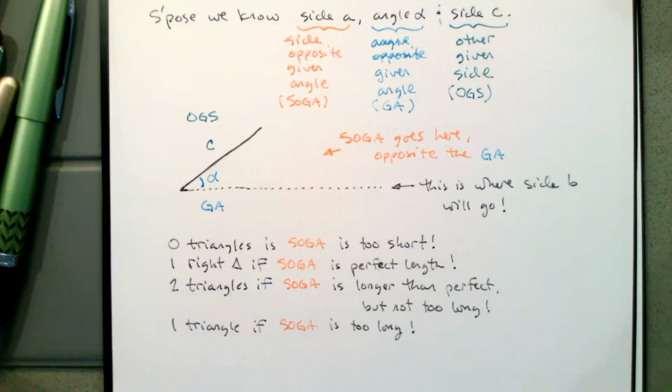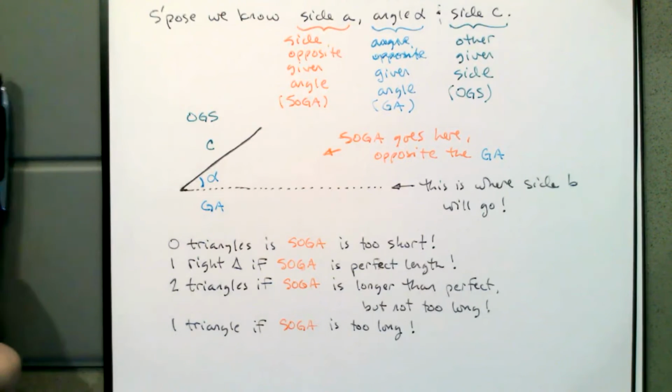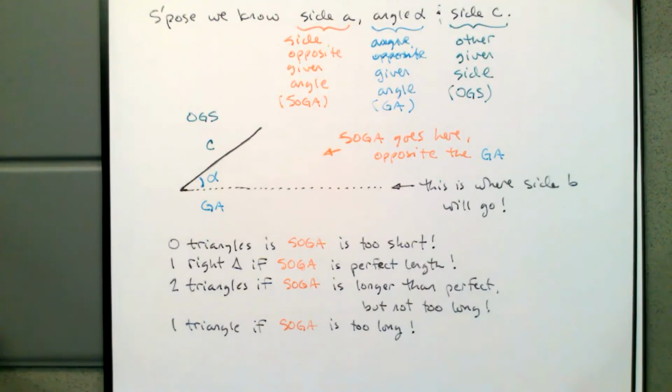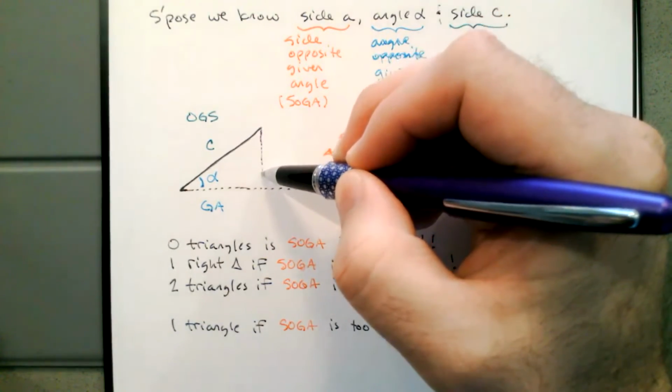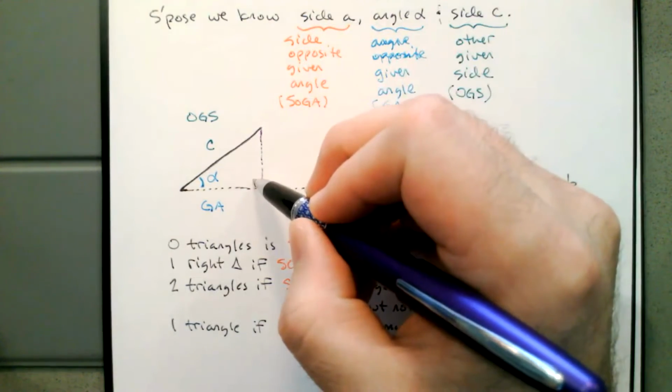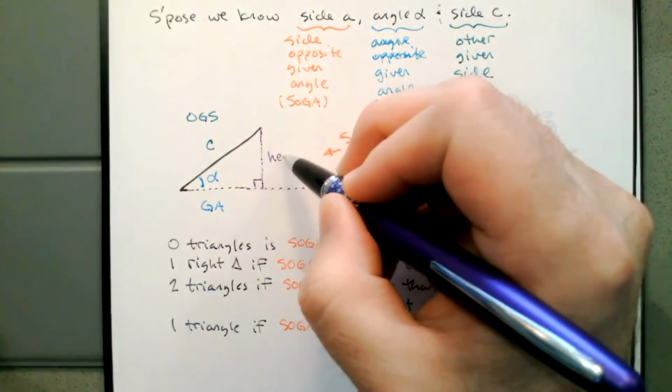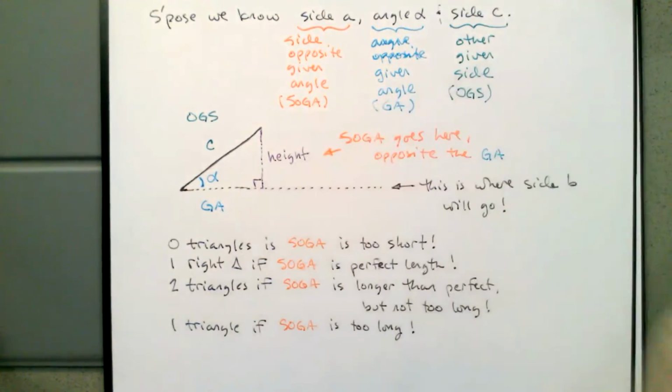So the bottom end of where the side opposite the given angle can be is just the height of the triangle, the shortest distance from the end of C down to the line where B will go. The shortest distance is perpendicular, and that will be the height. Now, the shortest distance from the end of C to the line where B is creates a right triangle.